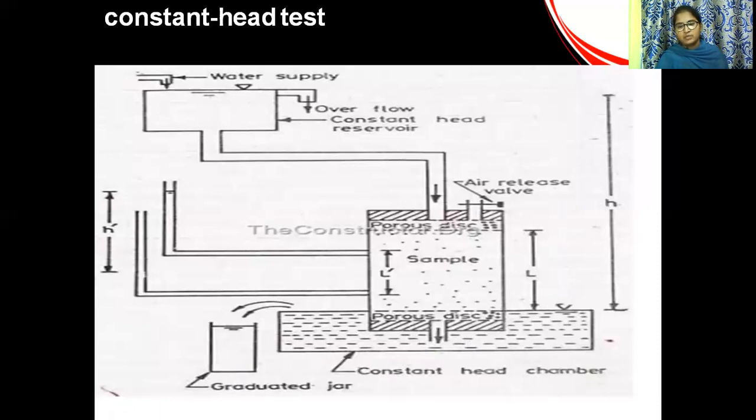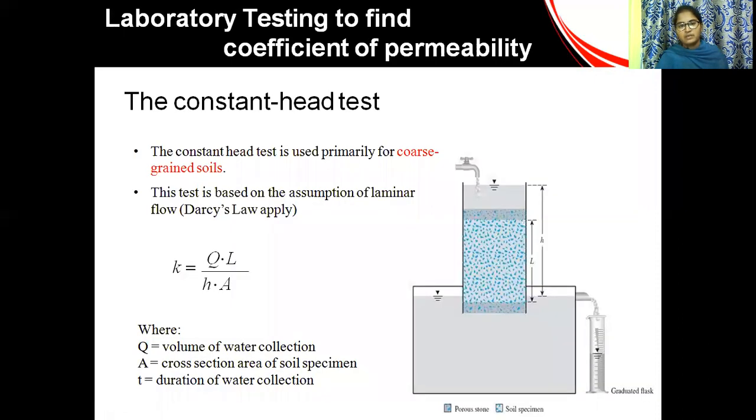For the constant head permeability test on coarse grain particles, the equation is K equal to QL by AHt. What is K? K is the coefficient of permeability.